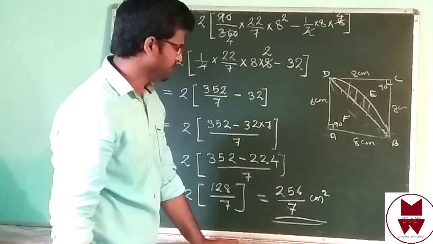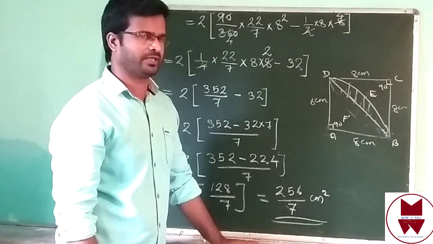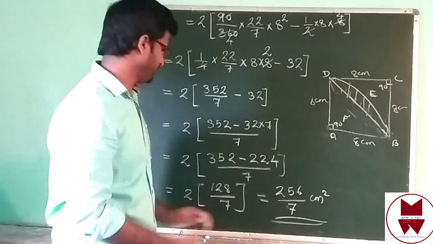Area of design we got 256 divided by 7 centimeter square. That is our answer.